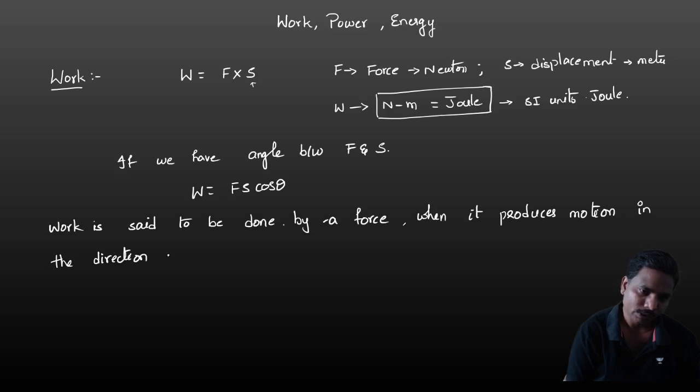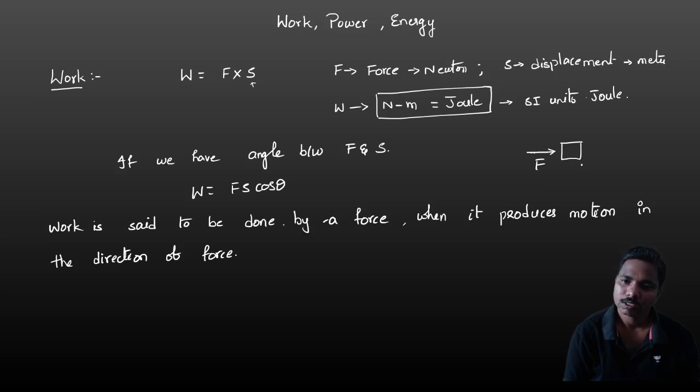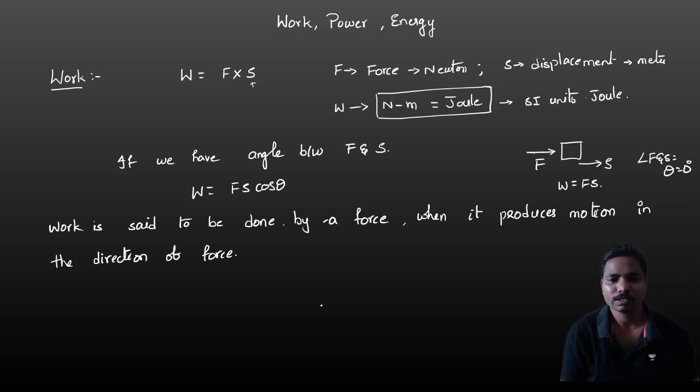If you apply a force on a body and it has displacement in the same direction, then work done is equal to Fs. Here the angle between the force and displacement, theta, is 0 degrees since both are parallel, so cos 0 is equal to 1, so you will get W is equal to Fs.